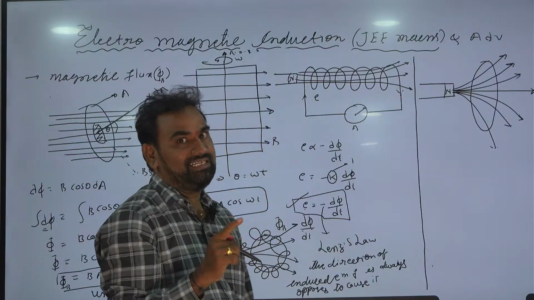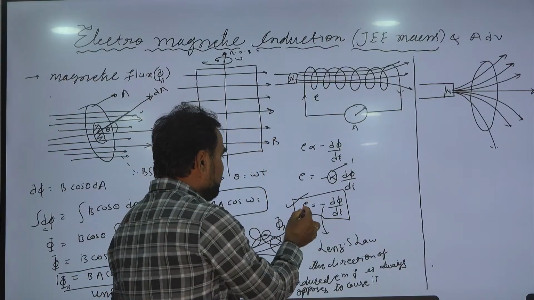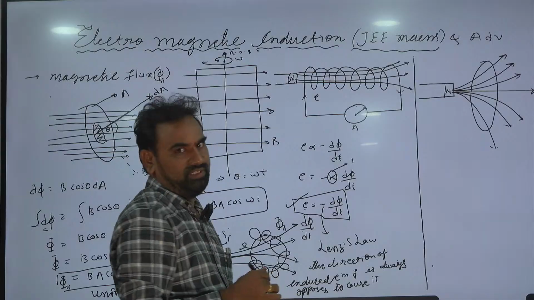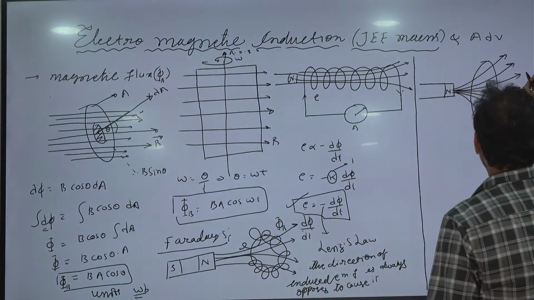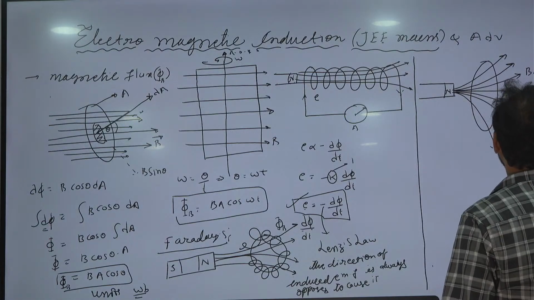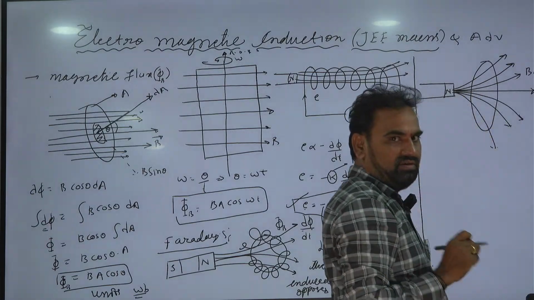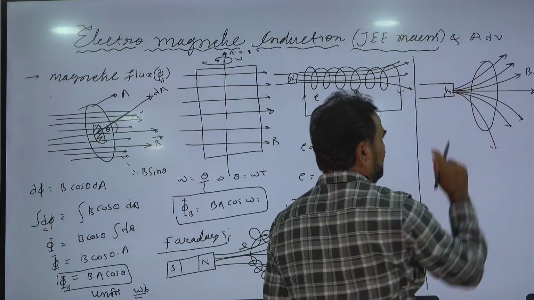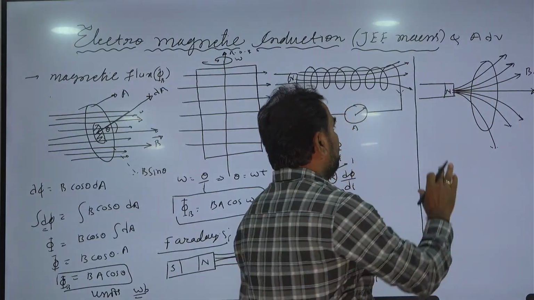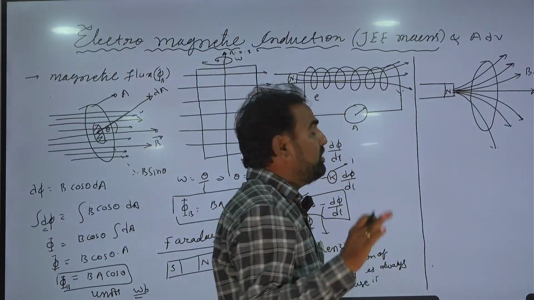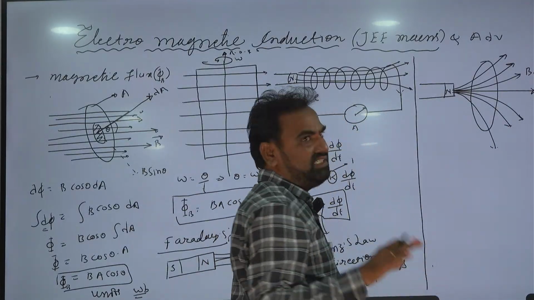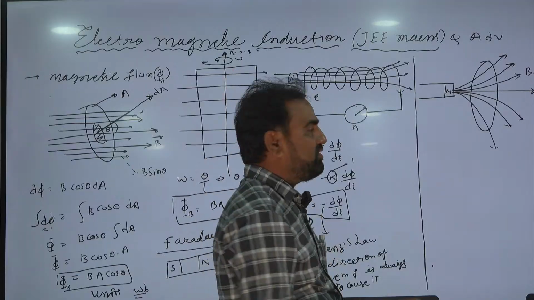But Lenz's law states that the direction of induced EMF is always opposite to the cause of it. That means this is the applied magnetic field, B existing. This magnetic field is changing across the coil while moving the magnet towards the coil. Therefore, induced EMF is developed, and it must be opposite to the cause.